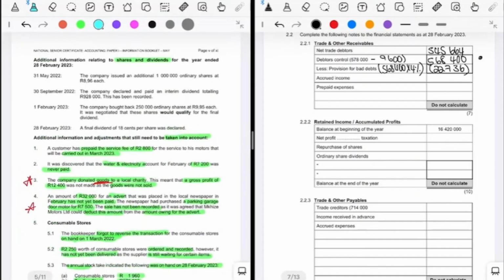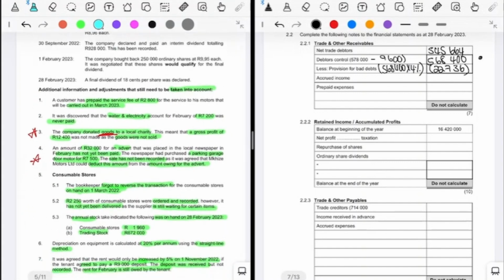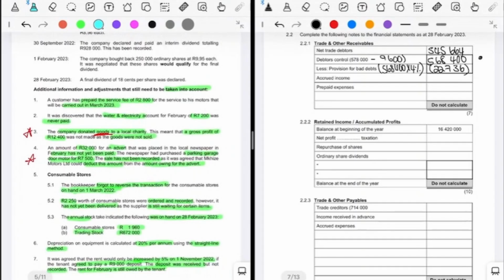We have here prepaid service, accrued income. And let's just look through our adjustments. There was a prepaid expense, accrued expense, donation.